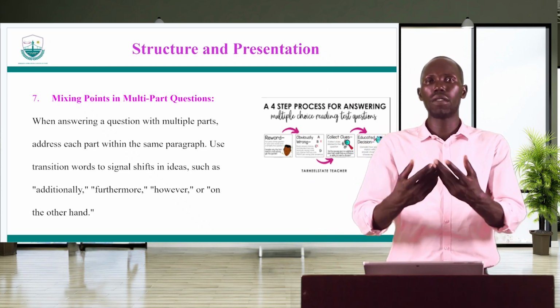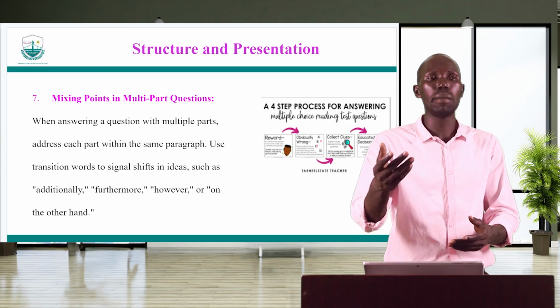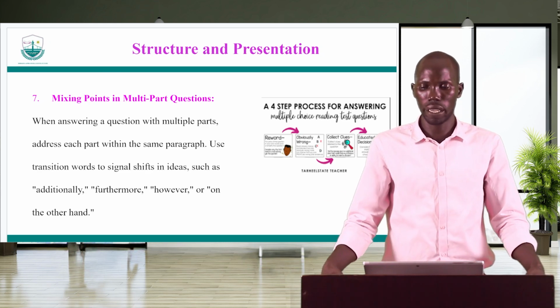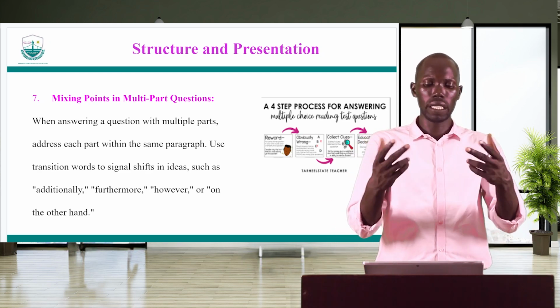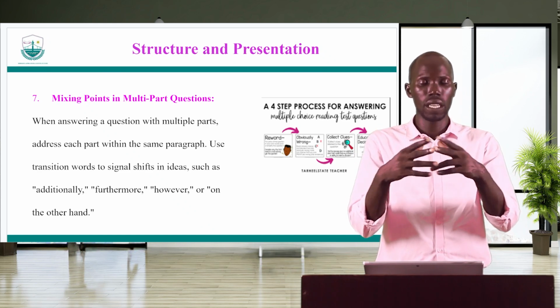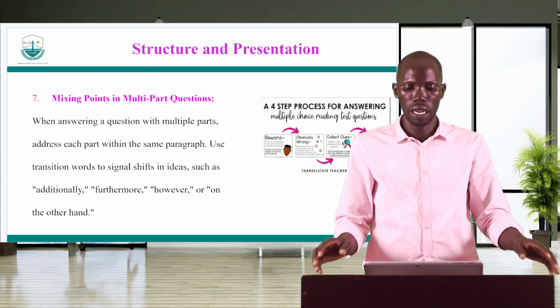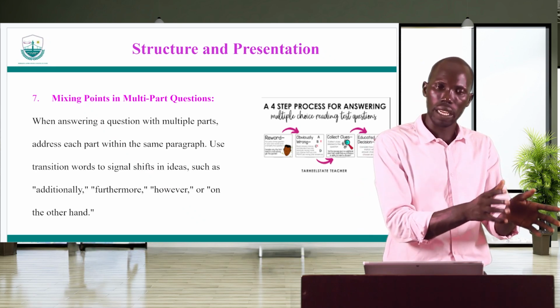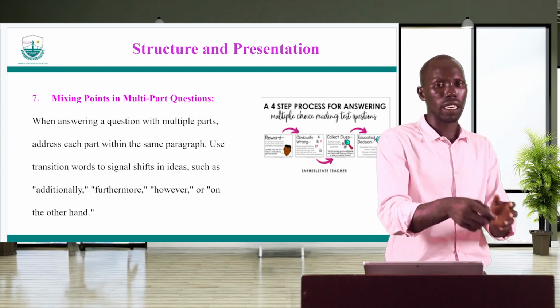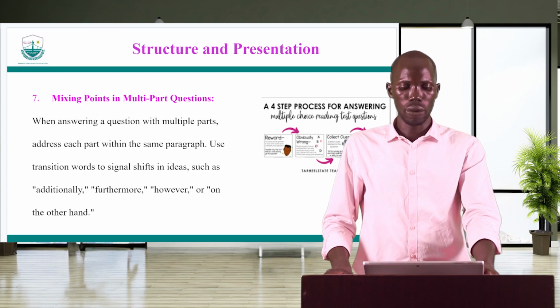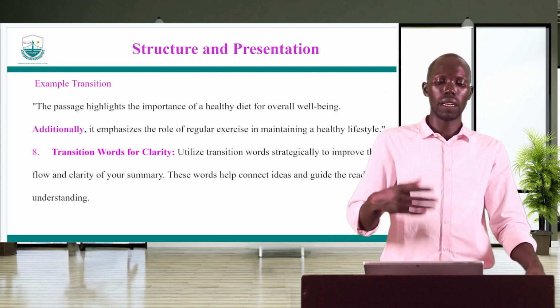But if you mix advantages and disadvantages in the same part, it will be confusing to the examiner. So if it is a multi-part question, focus first on a single part and then move to the other part. That way saves the examiner the burden.